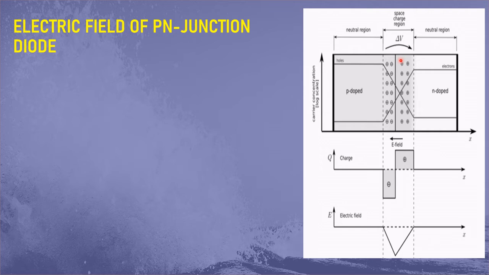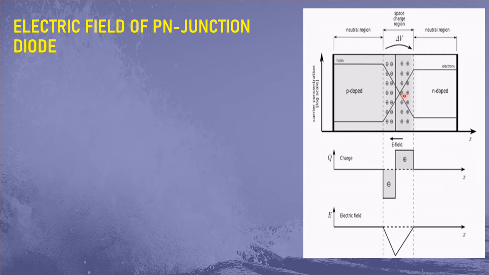So what is the electric field? Where does the electric field occur? The electric field is created in the depletion region, or the space charge region, because of the separation of positive and negative space charge densities. So what are the positive space charge densities and negative space charge densities? First of all, we show here the volume charge density distribution in the PN junction, where we can assume uniform doping and an abrupt junction.